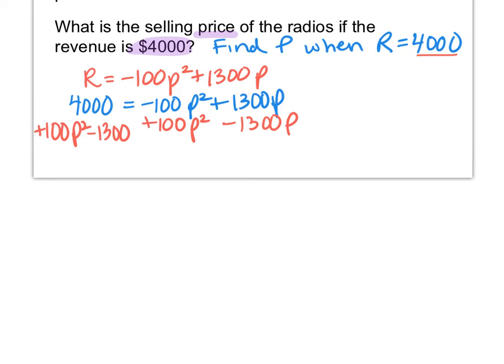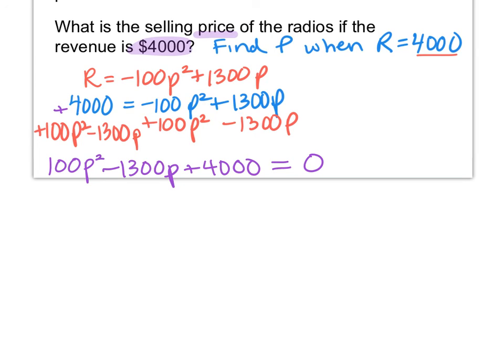Now we can write the equation in standard form so that it looks like 100p squared minus 1300p plus that original 4,000 here on the left side is equal to 0 on the right side.